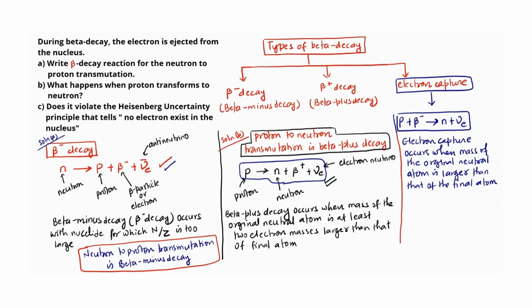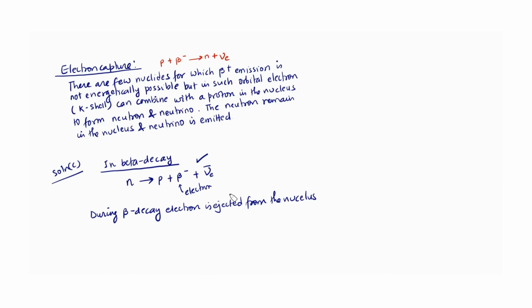Let's see the question once again. Does it violate the Heisenberg uncertainty principle that tells no electron exists in the nucleus? So we find this electron in this decay.